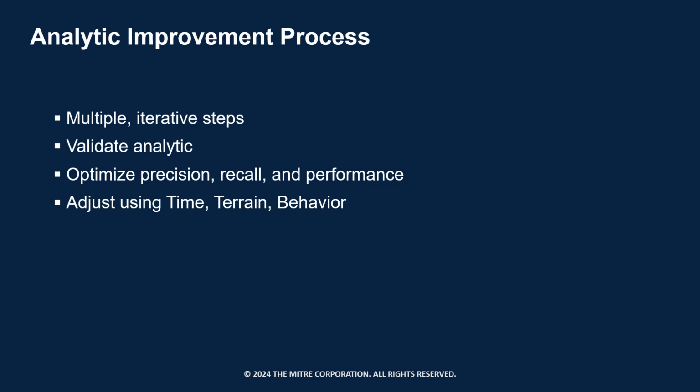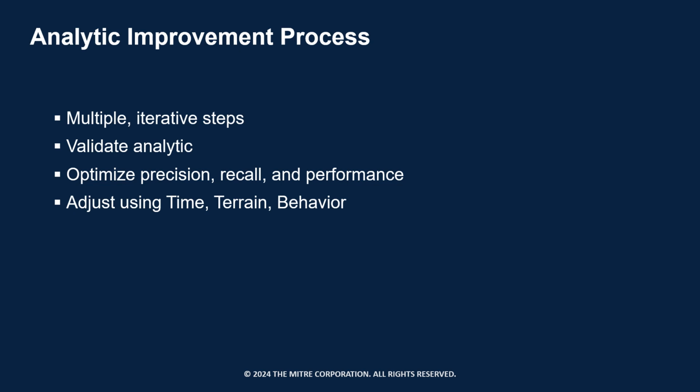If we are happy with the analytic's precision, recall, and performance, then we can look to expand how much time we're looking at, how much of the network we look at, and how many different benign and malicious behaviors are included in the data set.